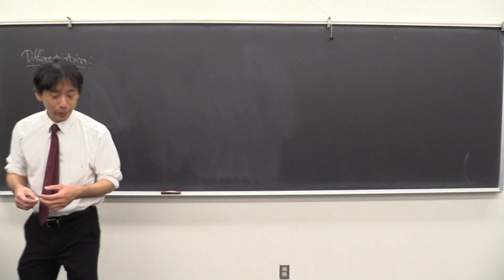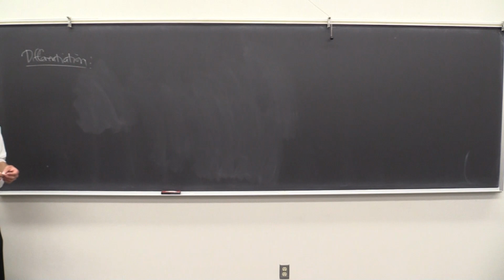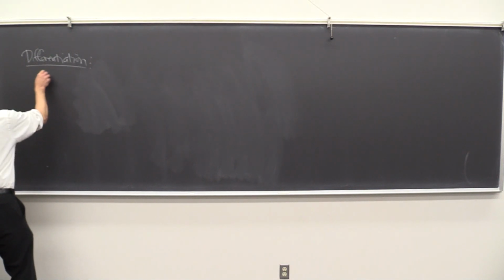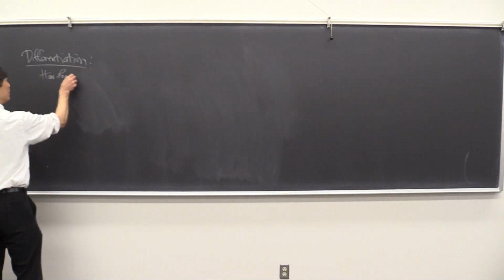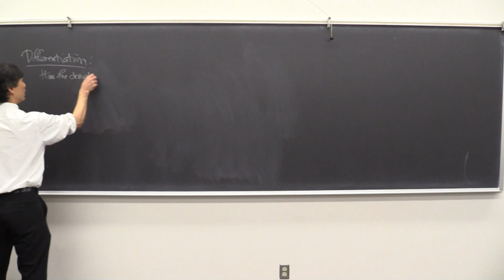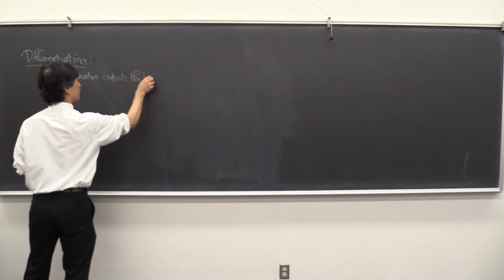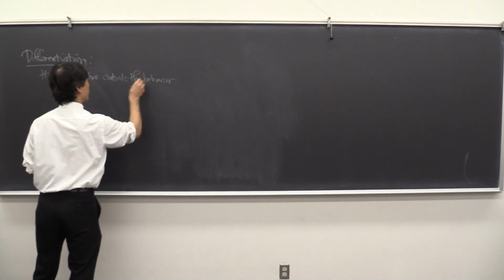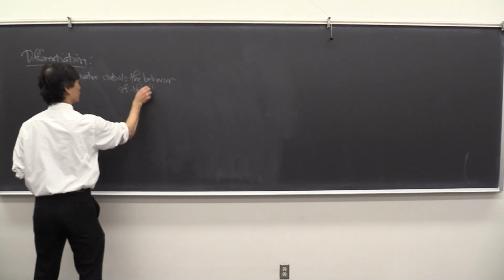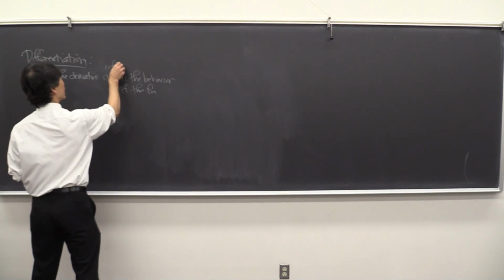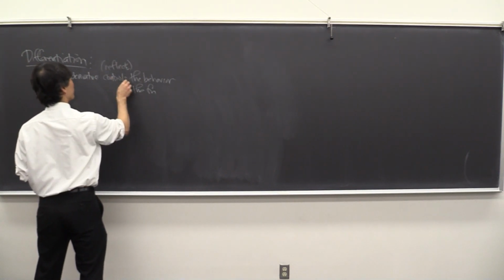Okay, so now we're going to do, as you did back in calculus, see how the derivative controls the behavior of the function. Or how it maybe controls or reflects, depending on how you think about it.